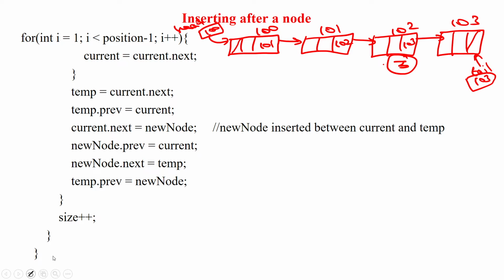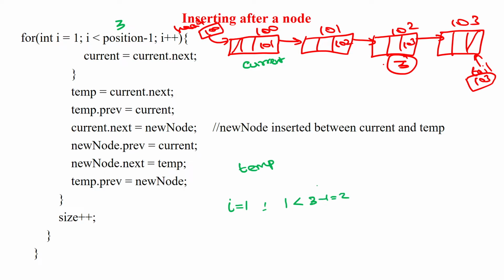For this, we can make a current, which we already represented with the first node in the previous slide, and one more variable temporary, which is a null node. Now my position is 3. Iteration number 1: my condition is i value is 1, 1 less than 3 minus 1, that is 2.